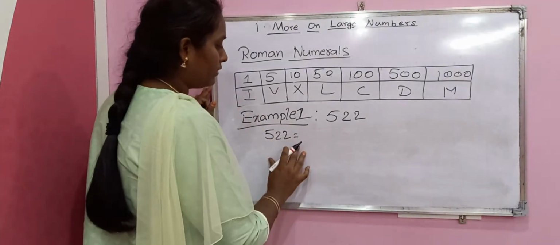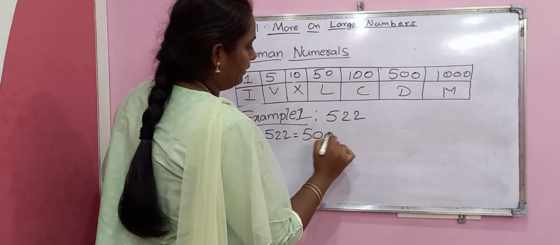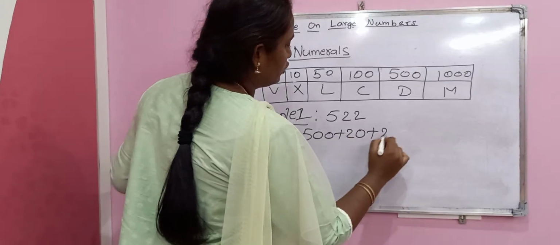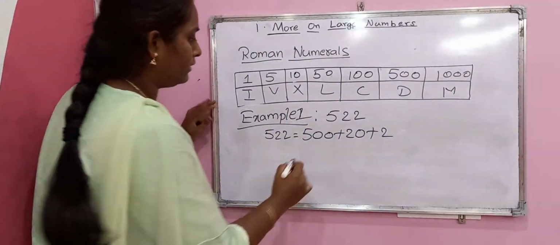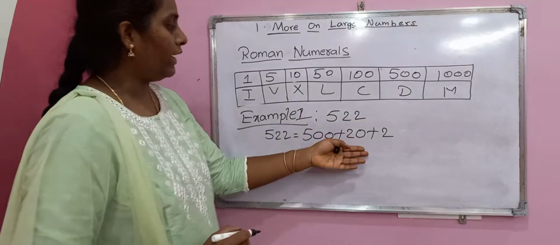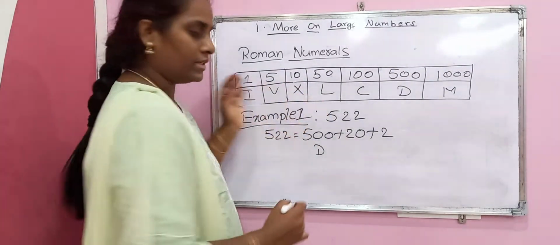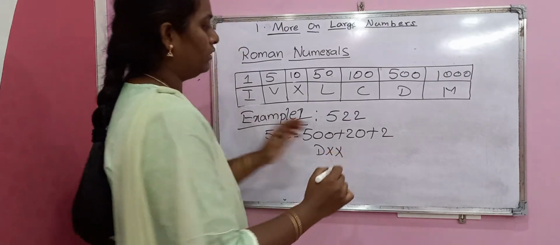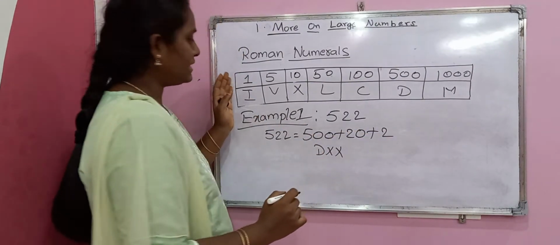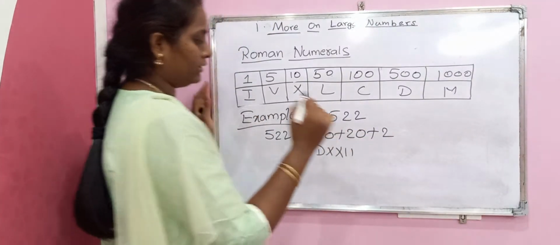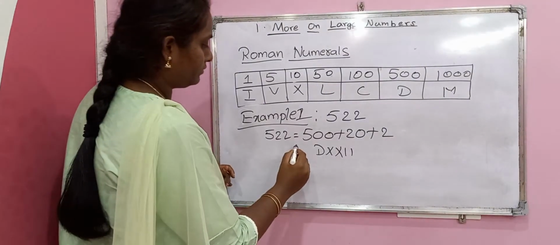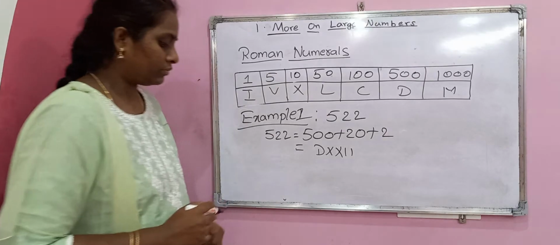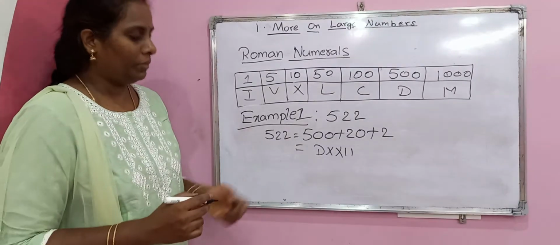What is the expanded form of this number? 500 plus 20 plus 2. 500 is D. Write D. 20 is X plus X. 2 is I, I means 1. So 2 is I I. Copy this example.